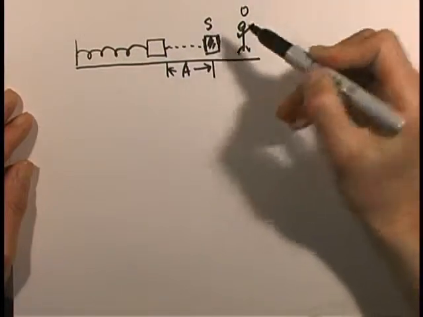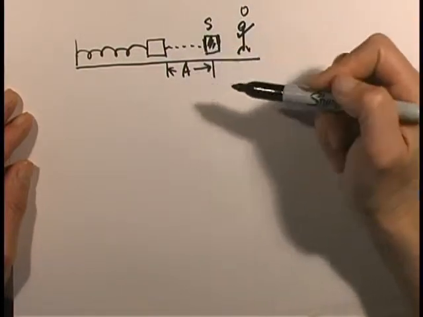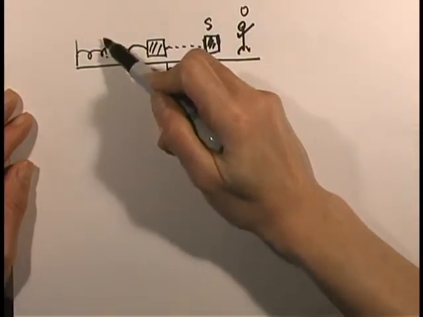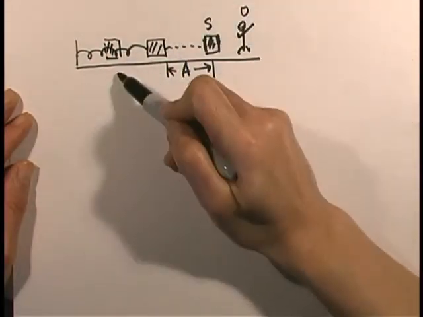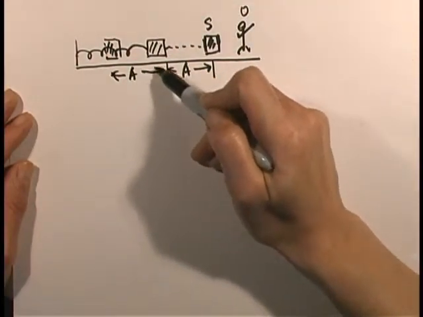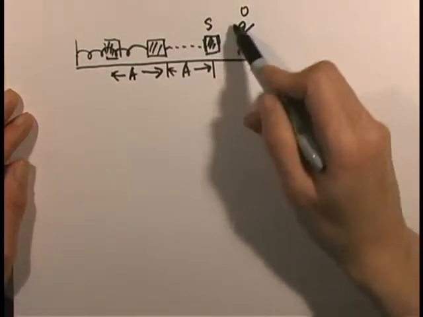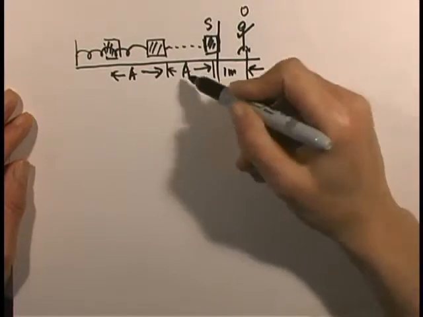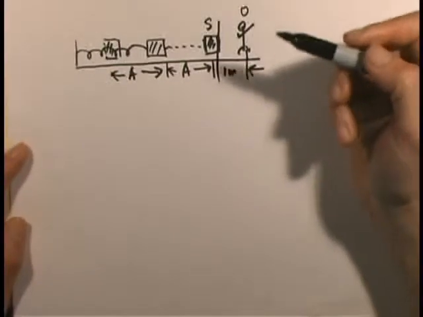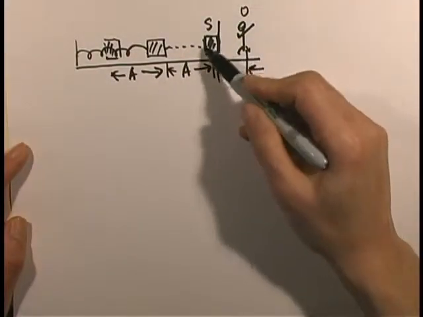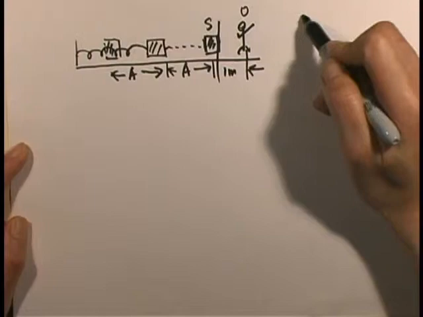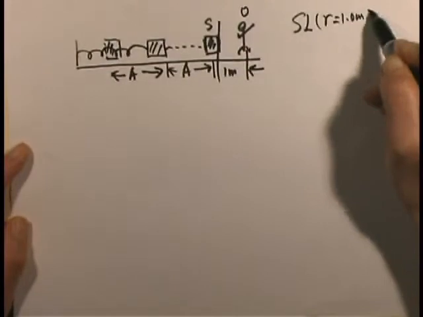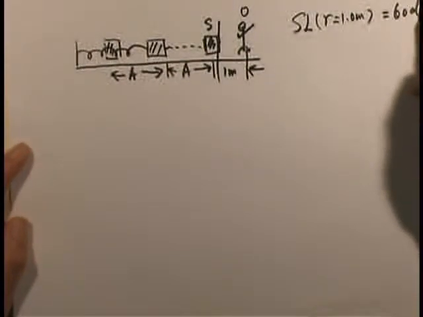and the observer is 1 meter, and then the furthest distance, since this is the equilibrium position, is where the block reaches its furthest position, another amplitude to the left. So the furthest distance will be 1 meter plus twice the amplitude A. The question is, when the source is 1 meter away from this person, the sound level at R equals 1.0 meter is 60 decibels.